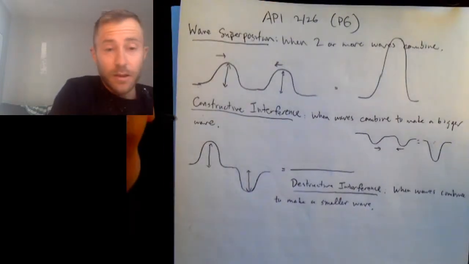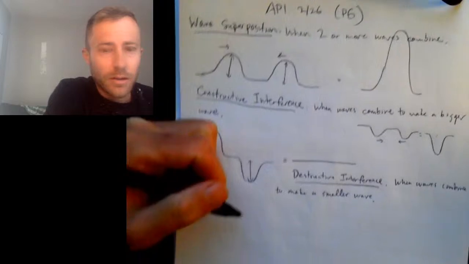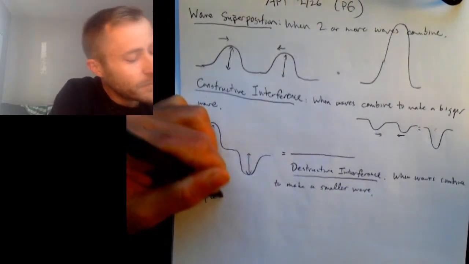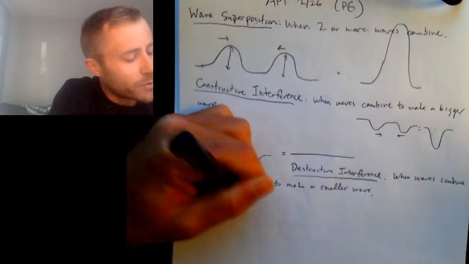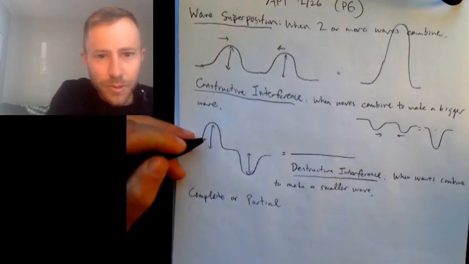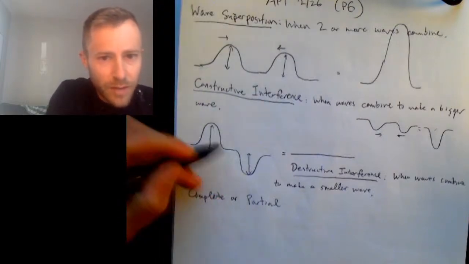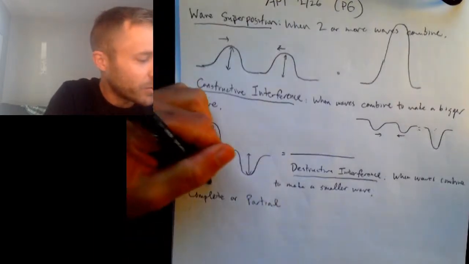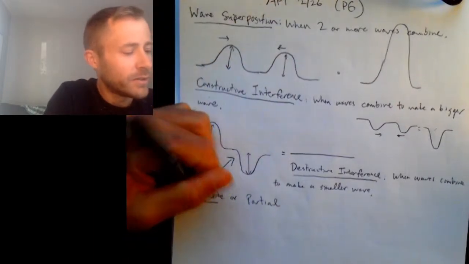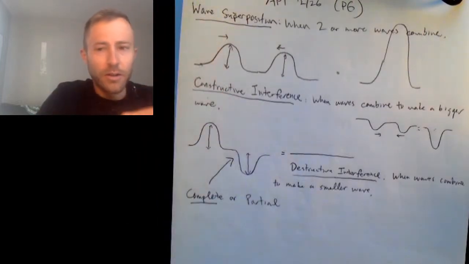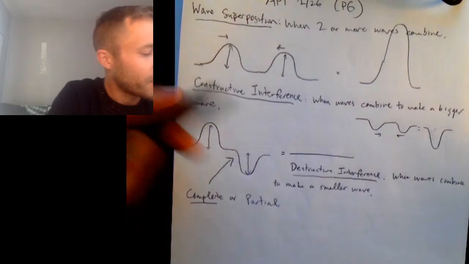Destructive interference can be complete or it can be partial. So in this case, because these two waves have the same size, they cancel each other out exactly, so that we would call that completely destructive interference. But what if the two waves that are hitting each other don't have the same size?